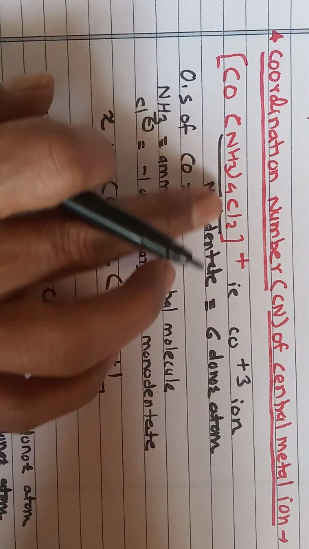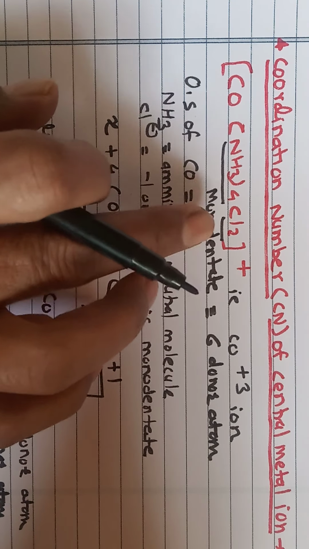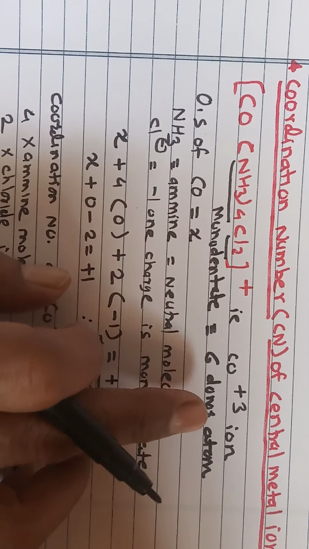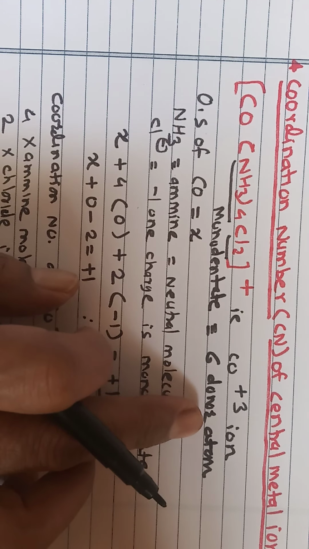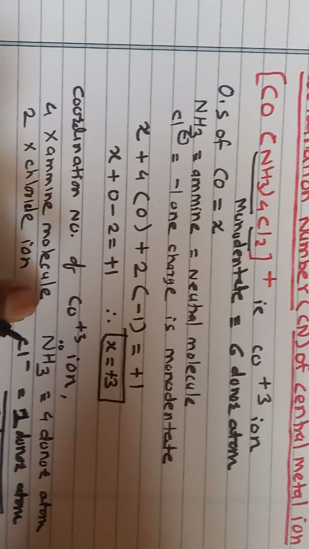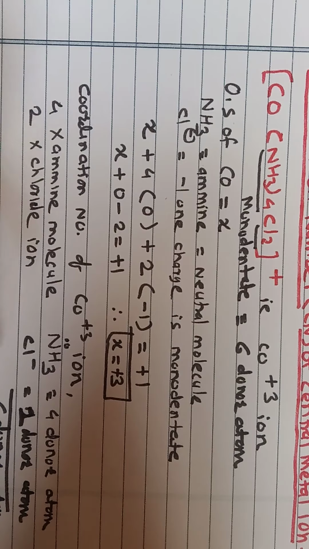So there are 6 donor atoms directly attached, hence the coordination number of the cobalt +3 ion is 6. Or, it is the number of electron pairs involved in the coordinate bonds. The number of electron pairs involved are from the 6 donor atoms, therefore the coordination number is 6.